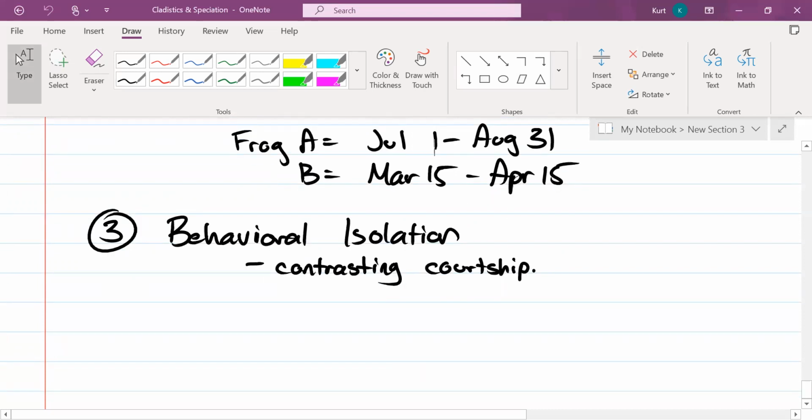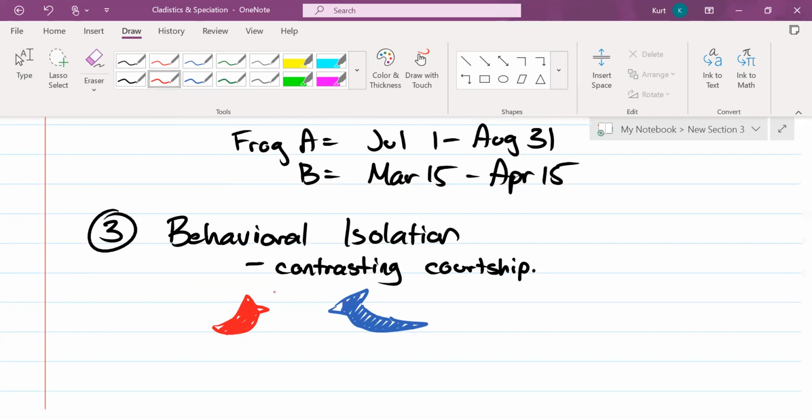Well, in nature, you have songs, you have colors, you have different courtship rituals. So let's say that you have a cardinal. I'm going to just draw a goofy little cardinal bird. And let's say we have a blue jay. Well, when a male cardinal sings, he is trying to attract a female cardinal.